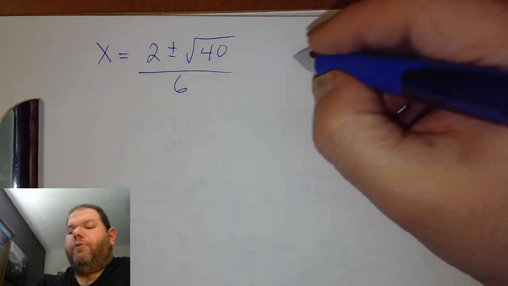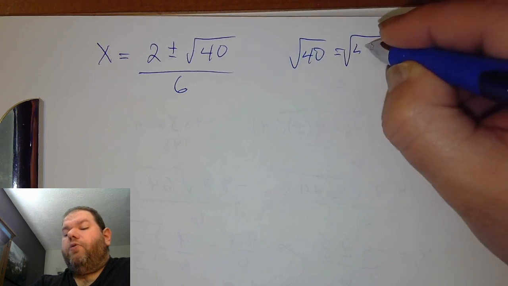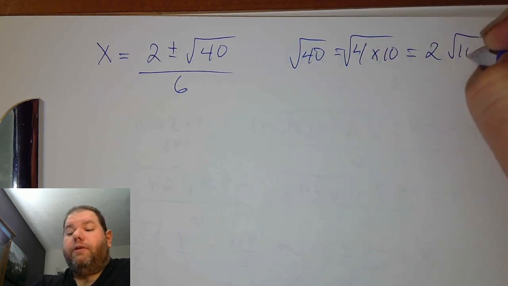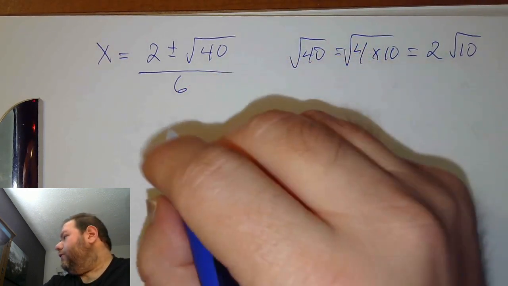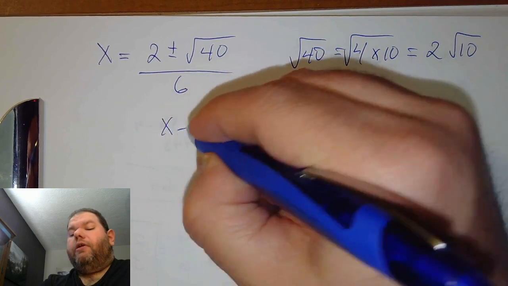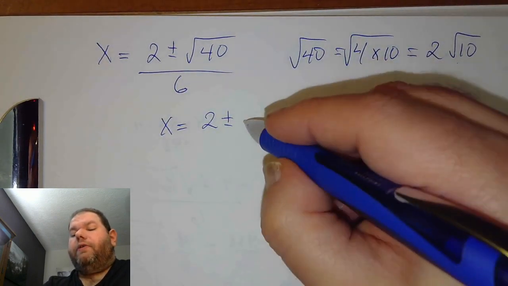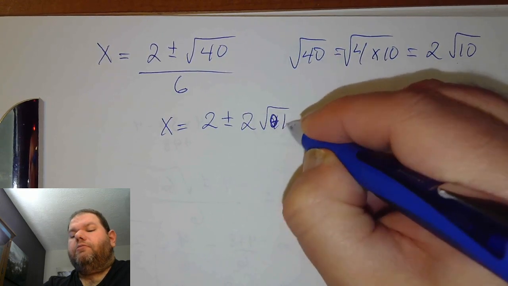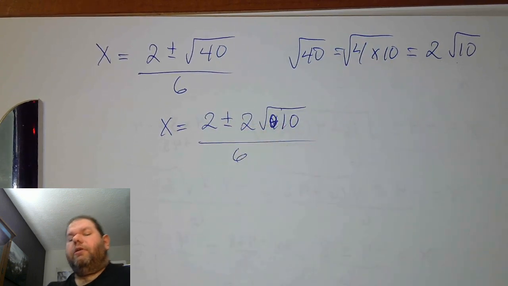We know that the square root of 40 is the square root of 4 times 10, which is 2 square root of 10. So we'll go ahead and plug that in for where the square root of 40 is. And that's over 6.